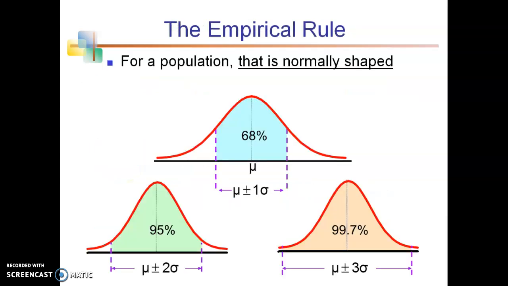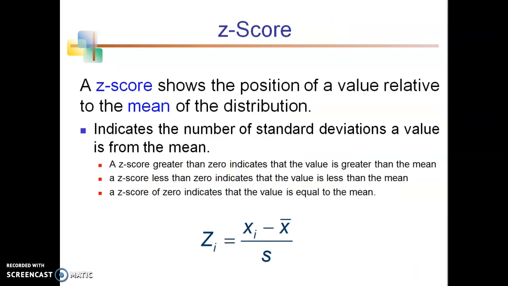Okay, let's talk a little more about Z-scores. Z-scores show a position of data relative to the mean of the distribution. It indicates the number of standard deviations a value is from the mean. And here's the formula. It's actually a quite simple concept. Let's say I'm looking at an IQ, and let's say the average IQ, x bar, is 100.